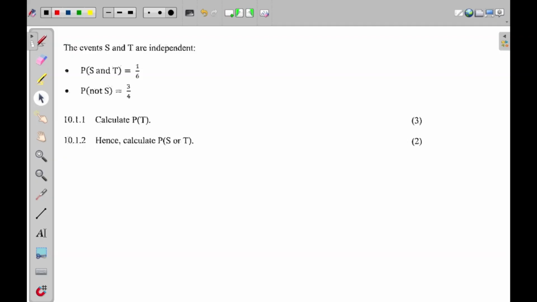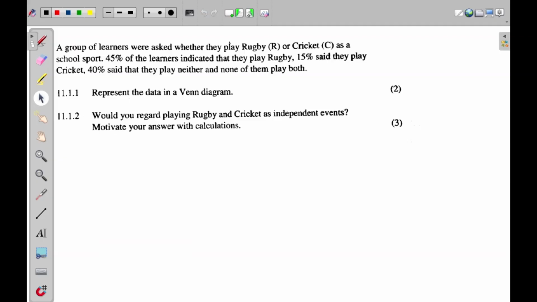Your job is to calculate the probability of T. And if you know the probability of T, then calculate the probability of S or T. I'm getting excited and tempted to do this, so I will leave it there. You're more than welcome to just take a screenshot and you go and try it. Just test whether you have actually understood the concept.